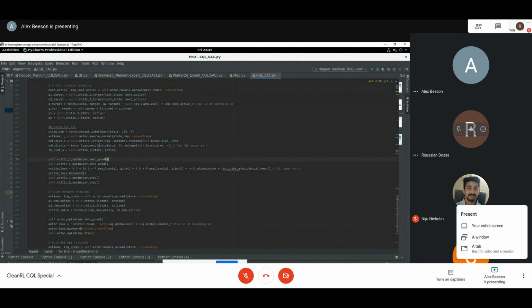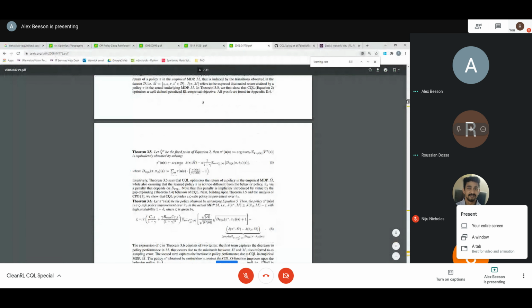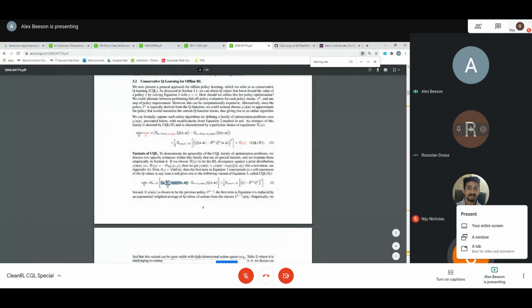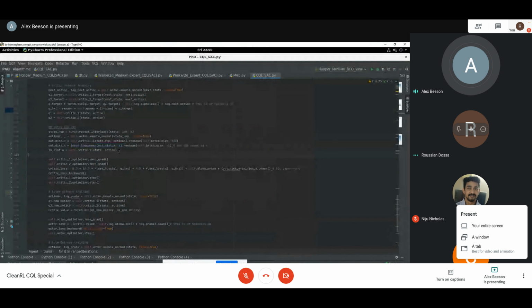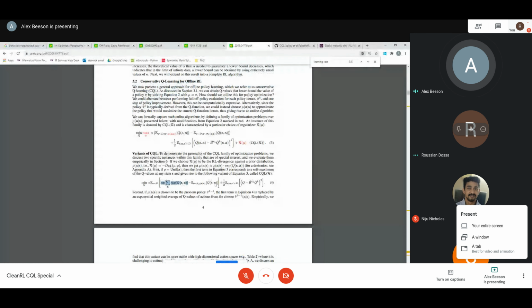Then work out the Q values for each of those state-action pairs, and then do the log sum exponential of those Q values, which is this bit. And then use the actual state and action from the batch, from the data, and just do the Q values for that, which is this.